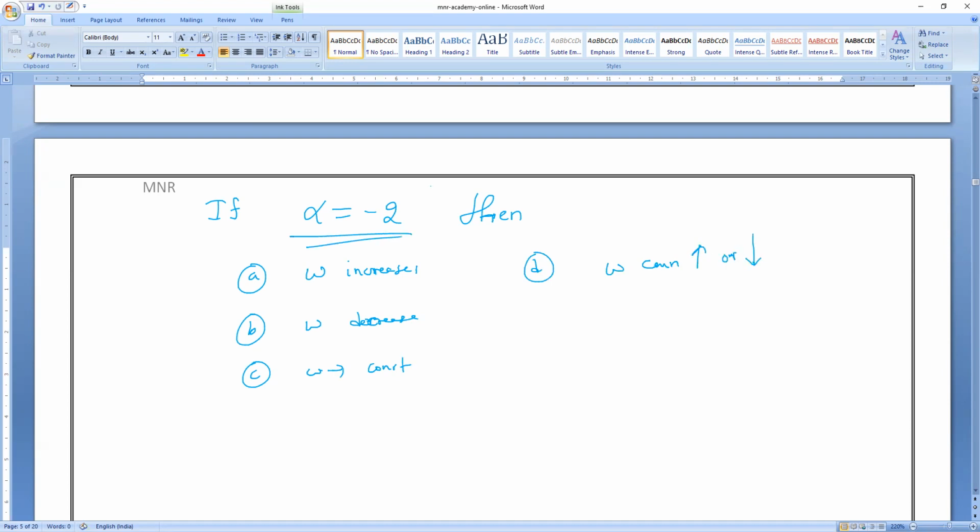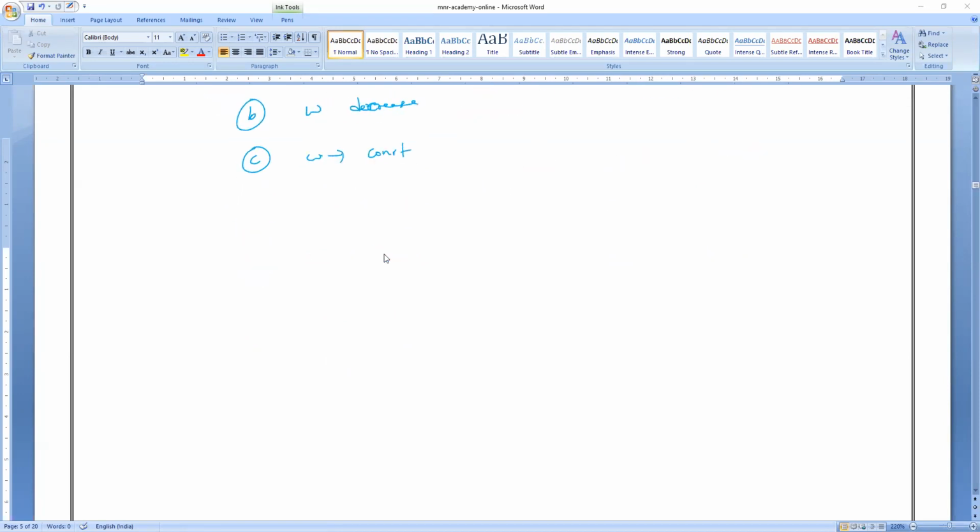So this is what? Alpha is equal to -2. So we have to find whether omega can increase, decrease or remain constant. Let us solve now.